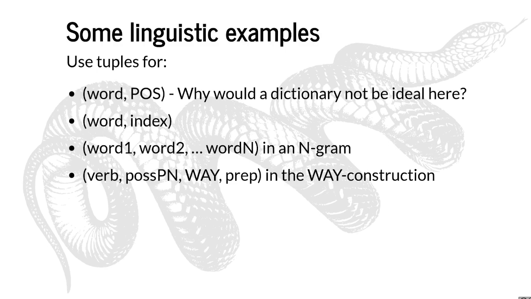And then the preposition, right? Across, into, up, etc. And then you represent all of the interesting elements of each way construction in a condensed format where you have all of them, and if you want to look at the verbs, you just take the first thing in each of these tuples and you have the verb.